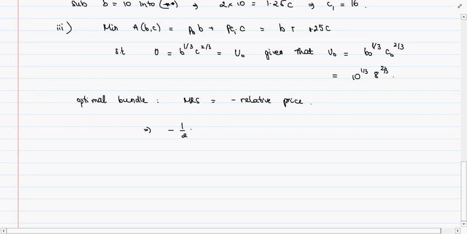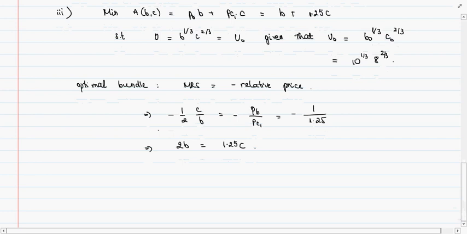So a half C on B has to be equal to the negative of the relative price. Remember, this is the new price, so it has to be PB on PC1. Okay, and so that it's just going to be 1 on 1.25. So therefore, our 2B is equal to 1.25C.